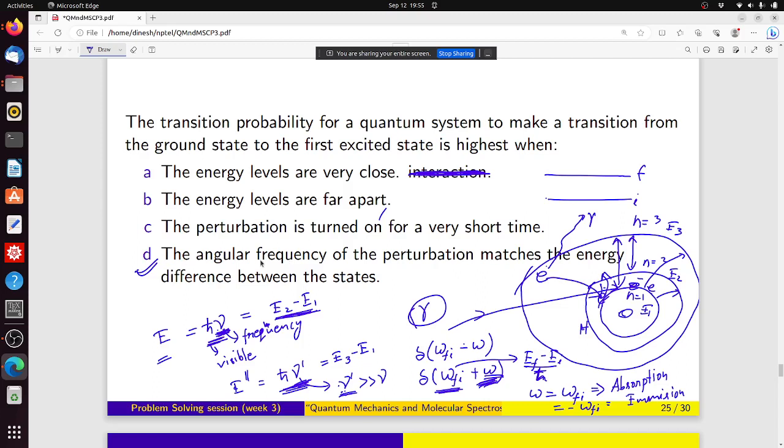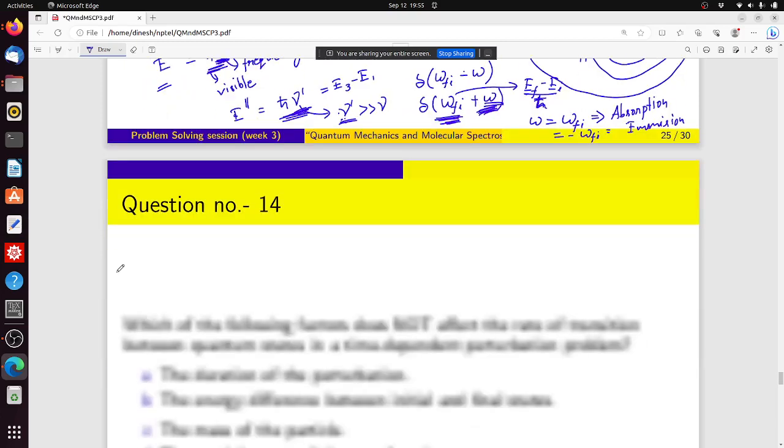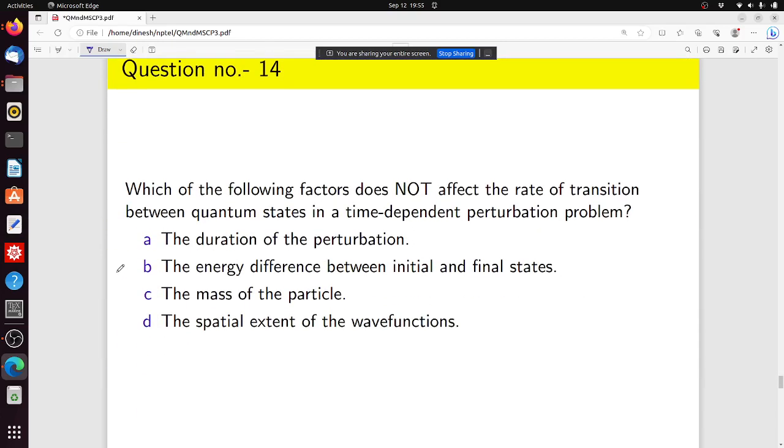So to make the transition, the angular frequency has to be equal to this energy difference. So D is the right answer. Okay, good. Coming to the next question: which of the following factors does not affect the rate of transition between quantum states in a time-dependent perturbation?